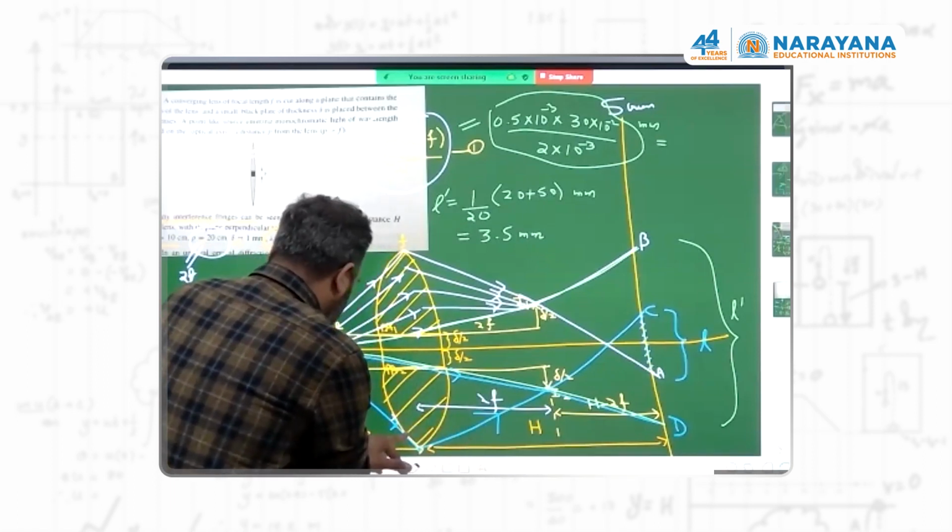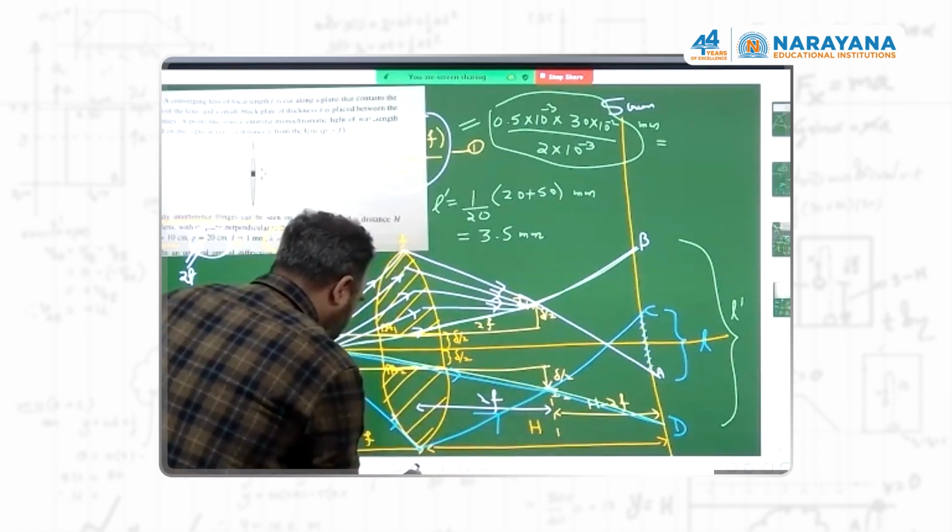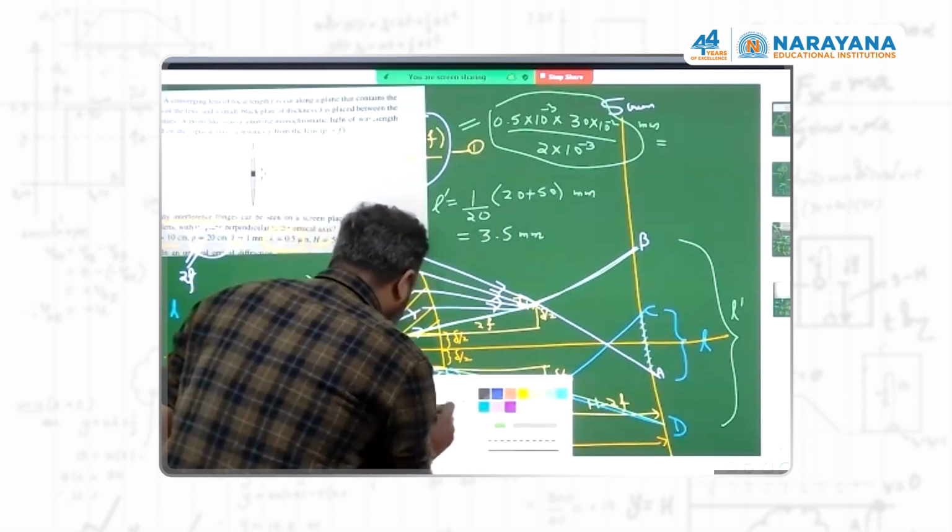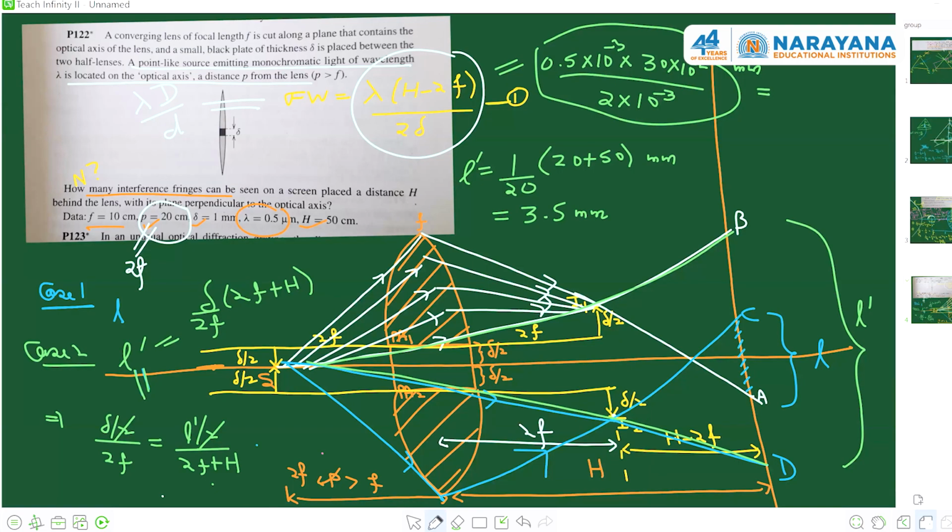And the movement of this ray definitely depends upon the size of the aperture, which is this segment.